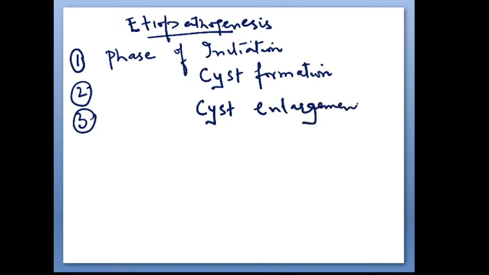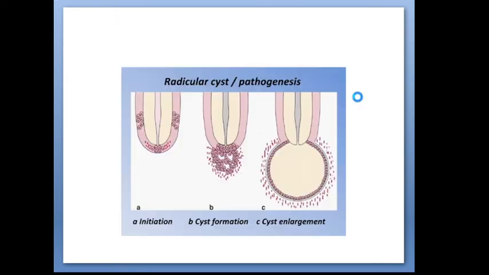So this is the picture which is showing these three phases. In phase number one, there is stimulation of cell rests of Malassez because there is already inflammation in the area. Number two, there is proliferation of these cells. These cells are continuously increasing in number. And then there is typical formation of a cyst which has a cavity and an epithelial lining.